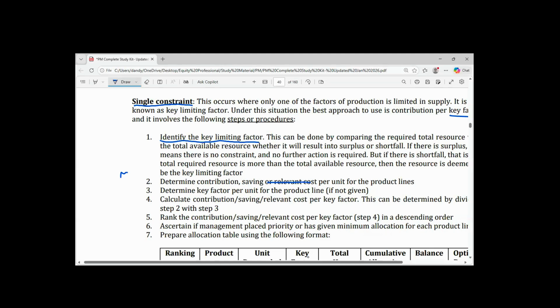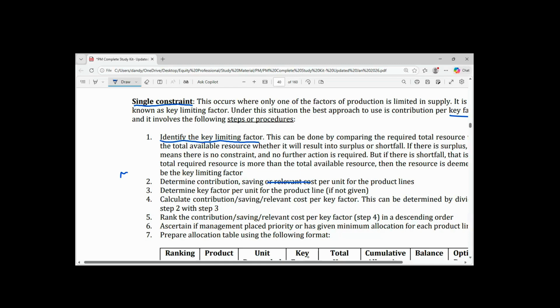Management can say, let's produce 1,000 units across all the products. That means there's a minimum allocation for each of the product line.